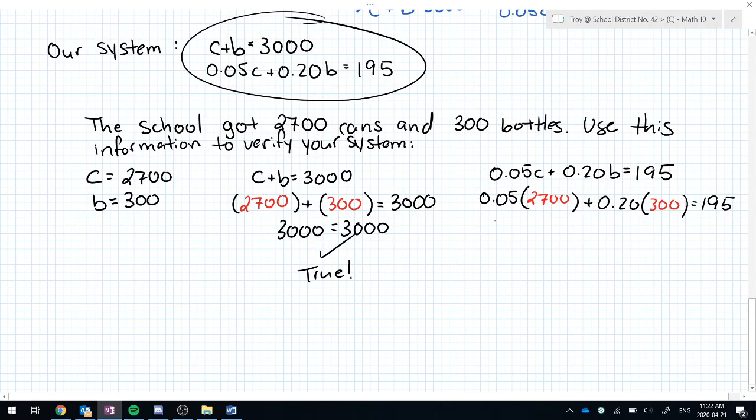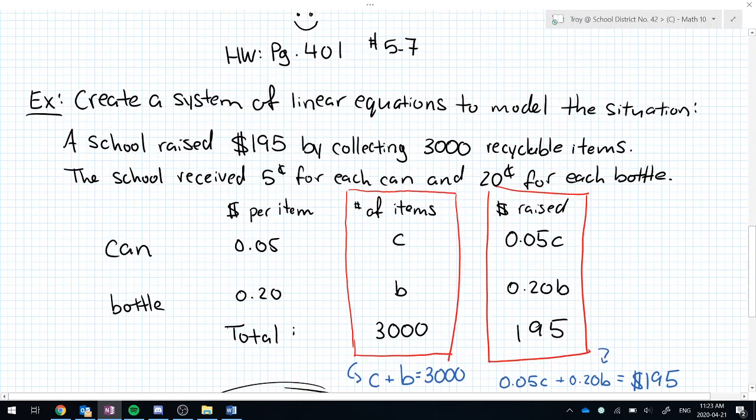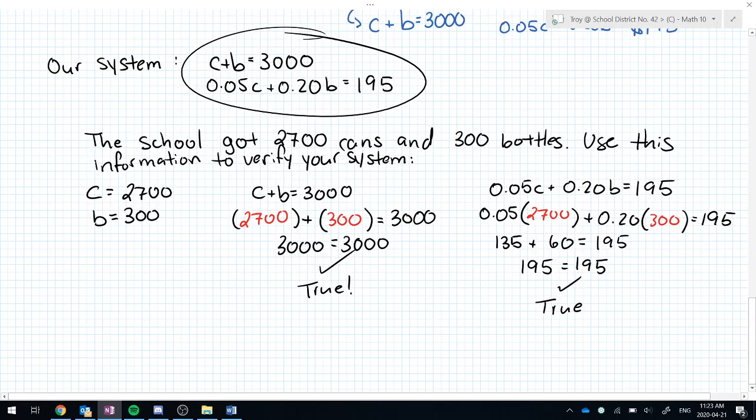So this actually ends up being 135 on that side, and this side ends up being 60. Of course, we get 195 on both sides. So it's true. We know that a possible combination for our original situation, having 3,000 items totaling $195, is 2,700 cans and 300 bottles.